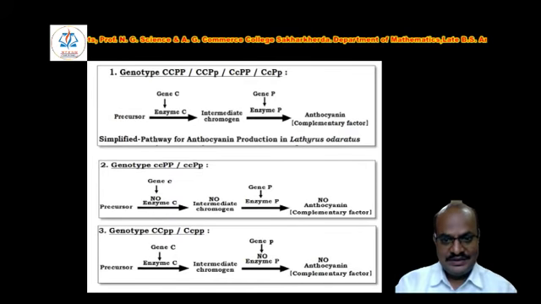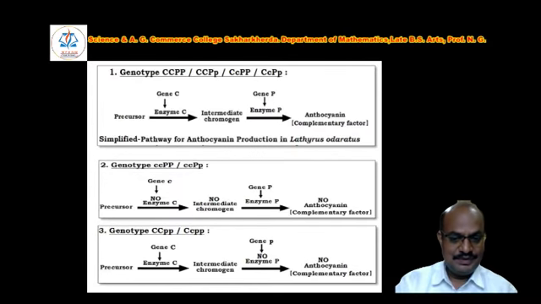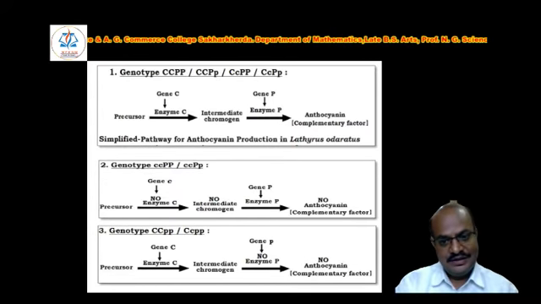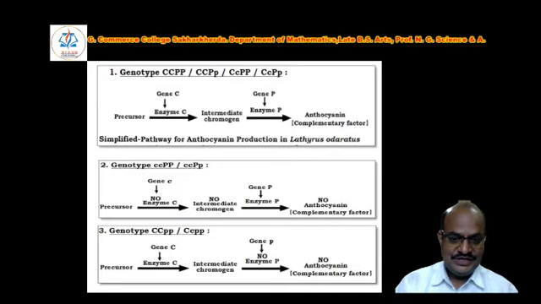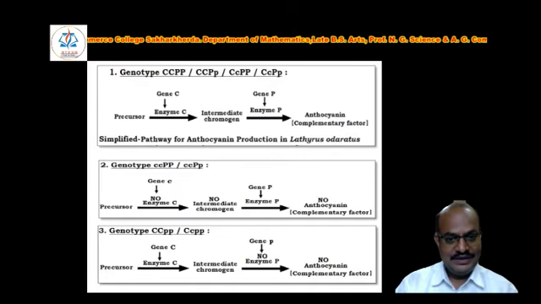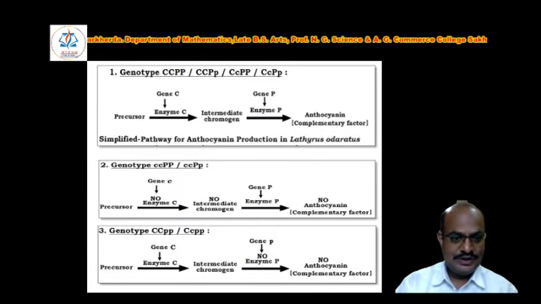In the third case, capital C is present but capital P is absent. Here, the precursor will change into chromogene, but in the absence of capital P, the enzyme required for the conversion of chromogene into anthocyanin will be absent.